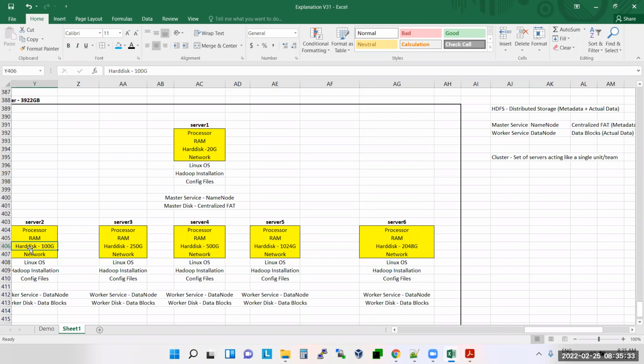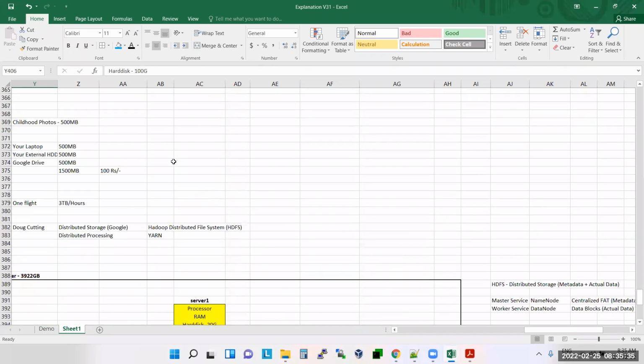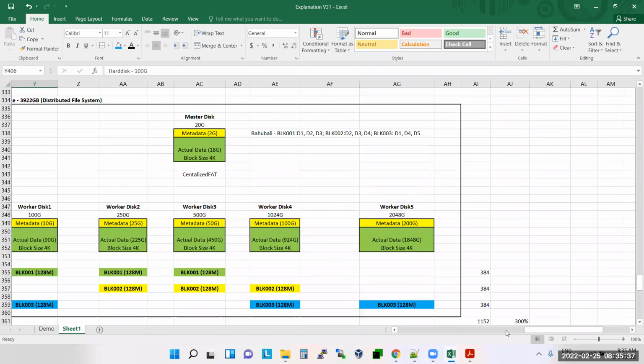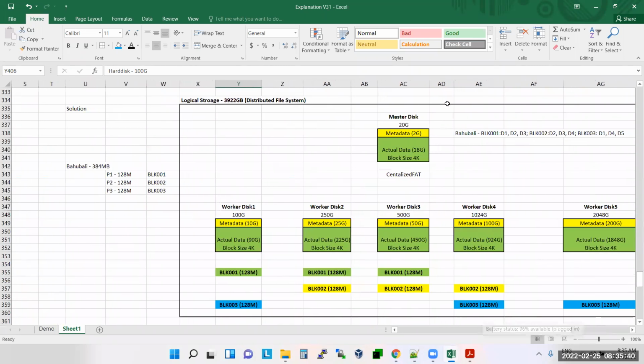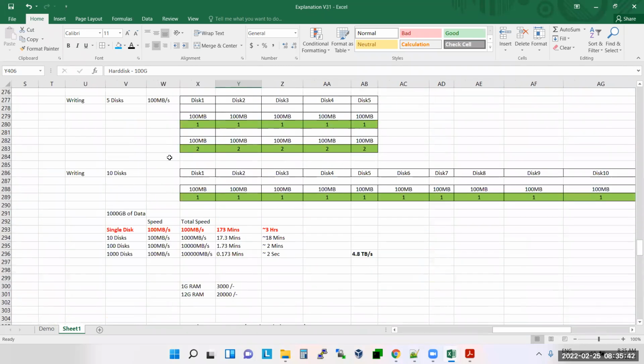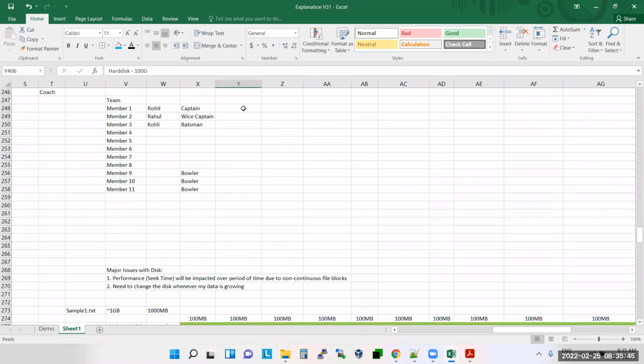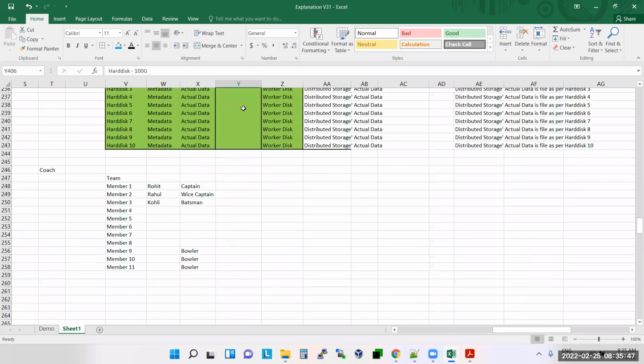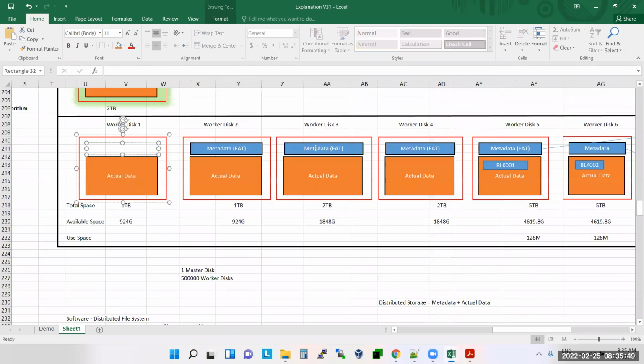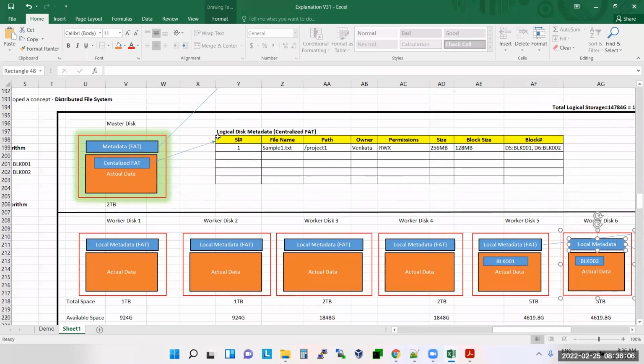So whatever it is, you call it local metadata. What do you mean by local metadata here? Local metadata is the block data details. Each disk will have local metadata, and it is common.